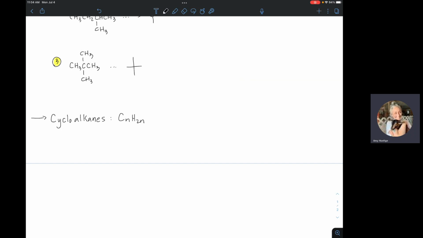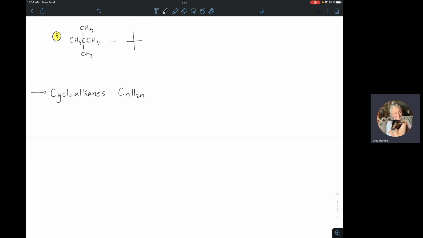In order to form a ring, we need to bond 2 of the carbons together. And if you're going to do that, you need to remove a hydrogen from each so that you don't violate its octet, right? So for example, I could have something like C6H12.